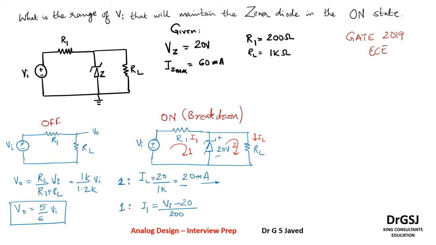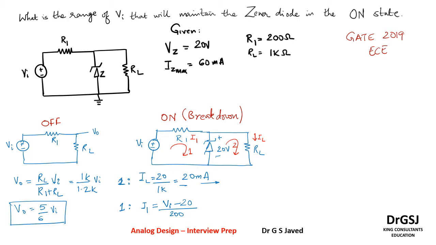Now we need to find what range of Vi can maintain the Zener diode always in the on state. For that, consider the current flowing through the Zener diode. The maximum current that can flow is 60 milliampere.